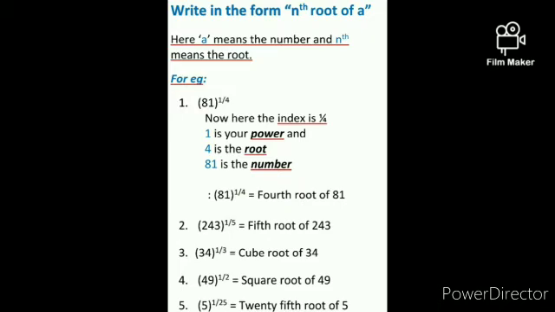So now you know how you are going to write in the form of nth root of a. Was 5 raised to 1 upon 25 clear to everybody? You don't have to write 25 root of 5. You have to write 25th root of 5. Okay?